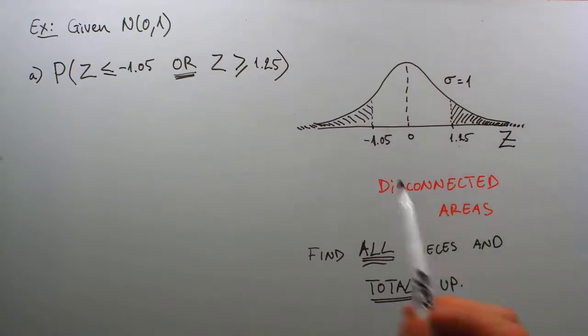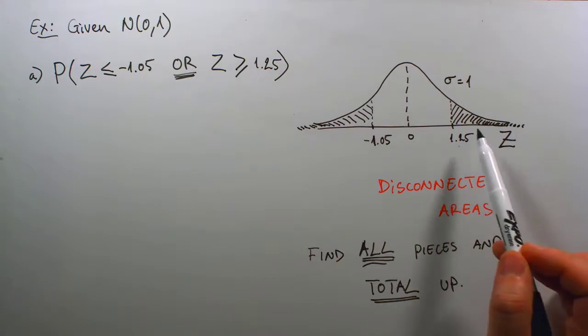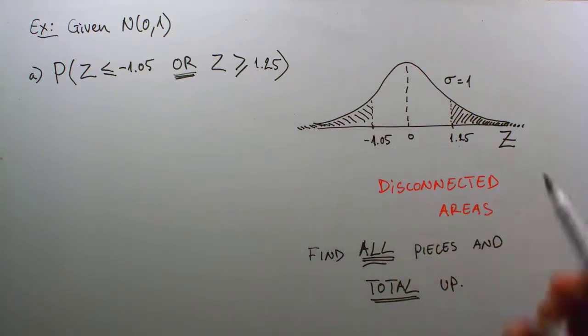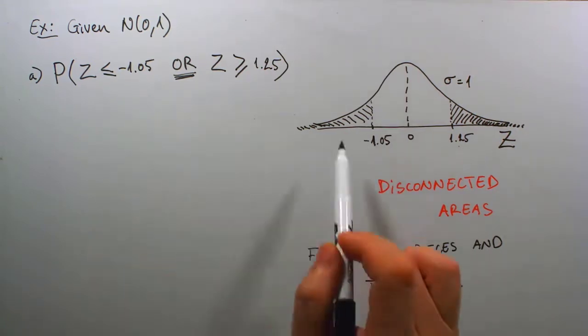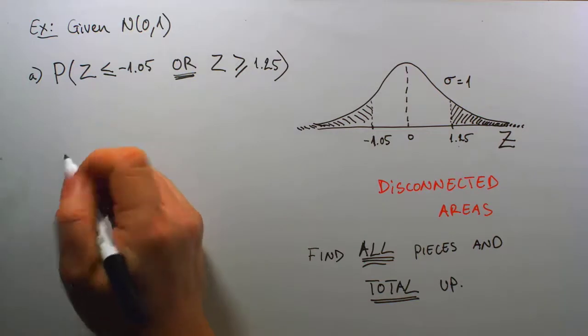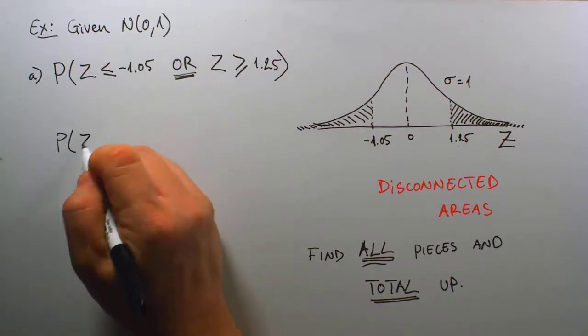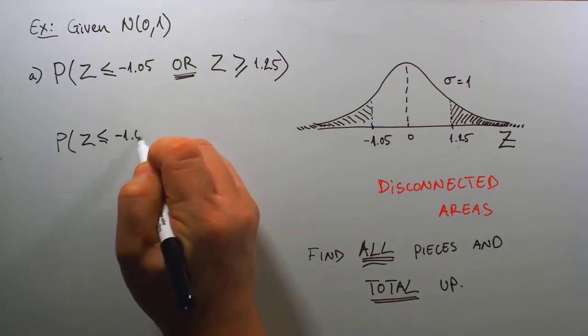To find the first piece, whichever piece we start with is pretty much the choice of the person doing the problem. I personally start out with the left piece here. The left piece is the probability where we're looking for z-score less than or equal to negative 1.05.